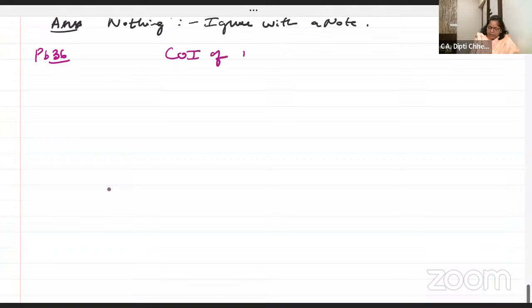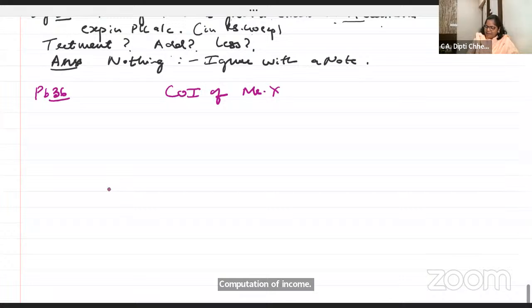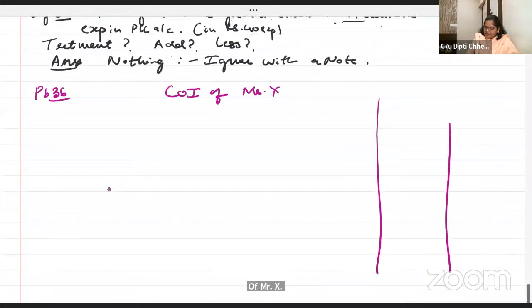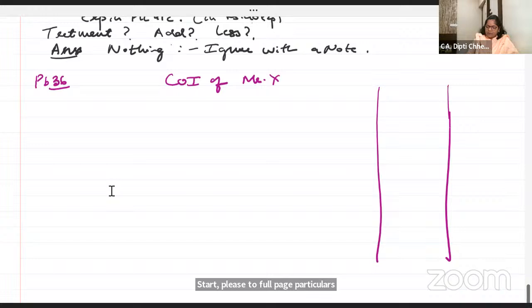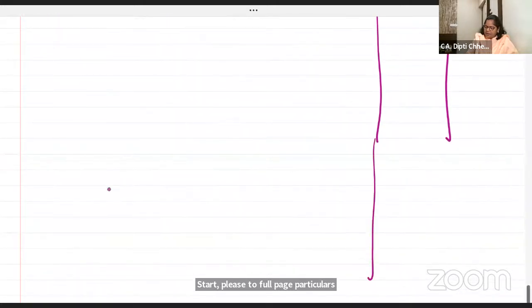Computation of income of Mr. X. Start on a full page: particulars, amount.